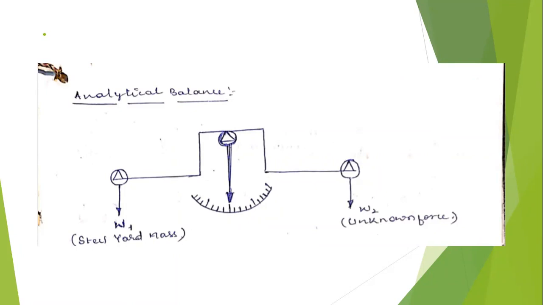Then, for example, if you want to buy 1 kg of sugar, for that W1, the dead weight in the metric system, that is 1 kg weight, is placed on the pan provided on the W1 trapezoidal knife edge. Keep 1 kg dead weight here, and the right side you have W2, which is unknown.